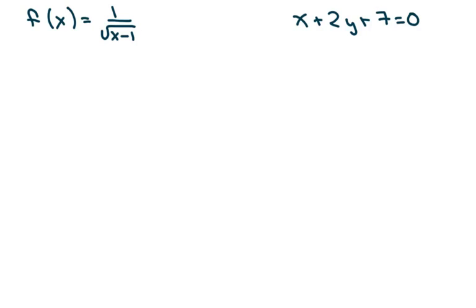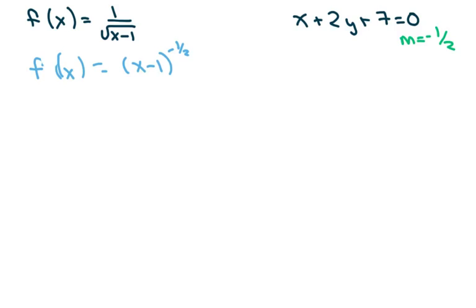We have the same slope here. The slope is negative 1/2. And for this, we have to take the derivative. I'm going to rewrite this first. This is really x minus 1 to the negative 1/2.